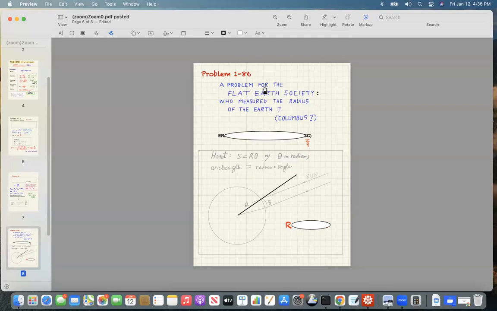Aristotle noticed that when there's a lunar eclipse, when the Earth is in between the sun and the moon at a full moon, the Earth's shadow can land on the moon.